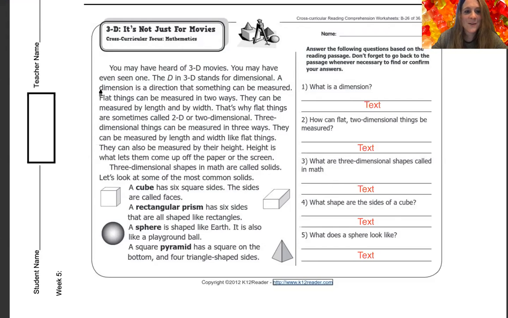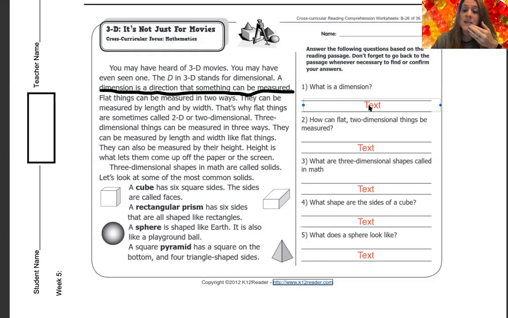Good job. You guys found it right here. A dimension is a direction that something can be measured. Guess what? That's what you're going to write right here on these 2 lines. You guys are going to have to write kind of small. Go ahead and make sure that you're using capital letters at the beginning, spacing, end marks.